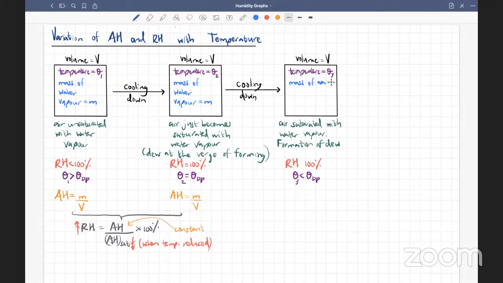Mass of water vapor reduces with time. It reduces as temperature goes down, because dew is formed. Now we have dew at the bottom, or on the walls, whatever. I'll just put it at the bottom. We have dew.